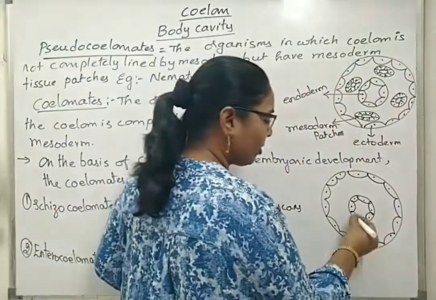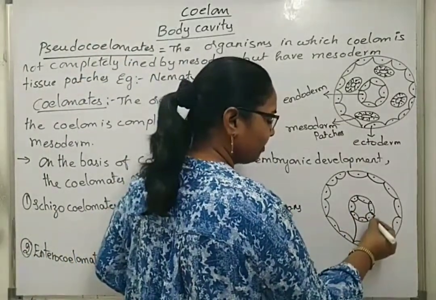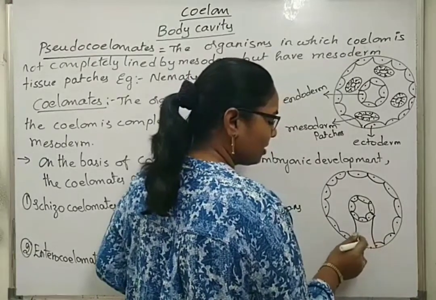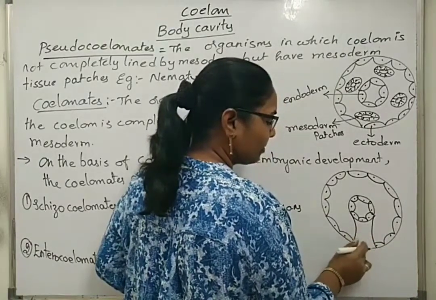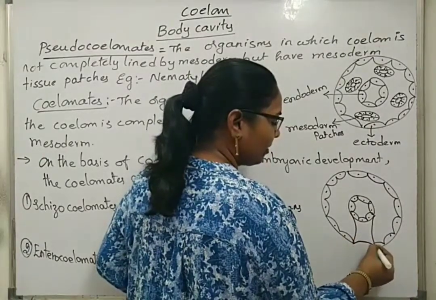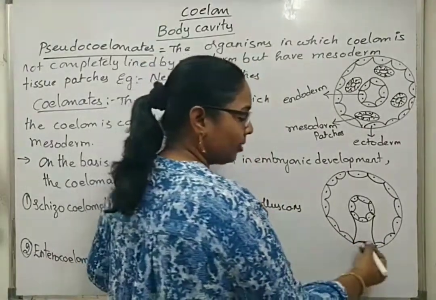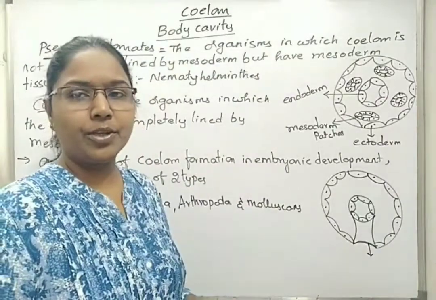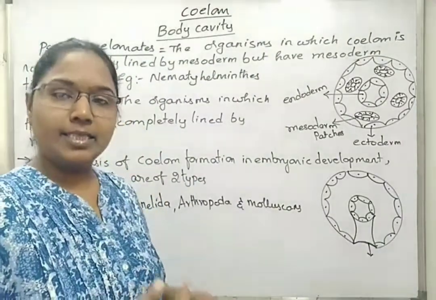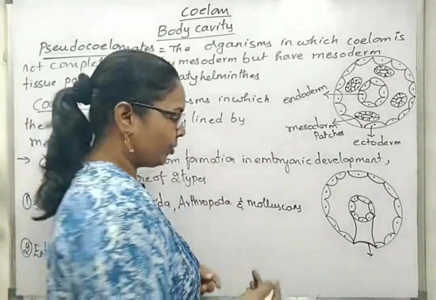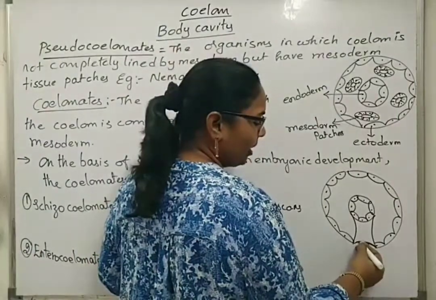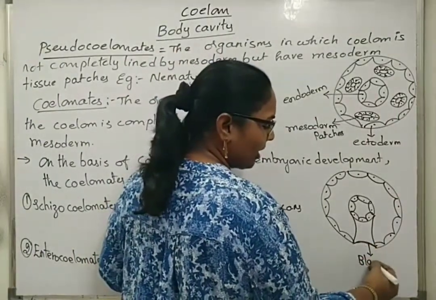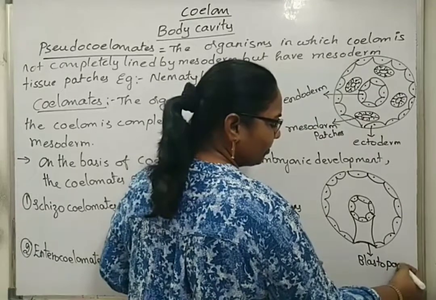That opening is called blastopore. For suppose think this is the structure. That opening will be converted into mouth in some types of organisms and into anus in some types of organisms.